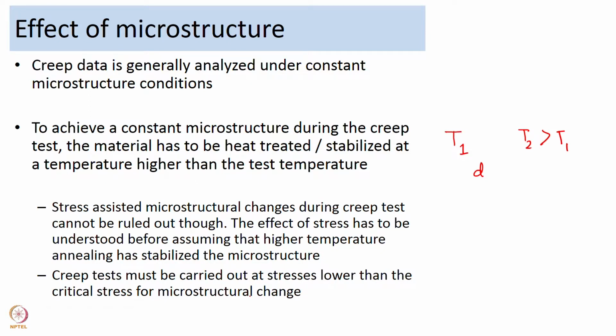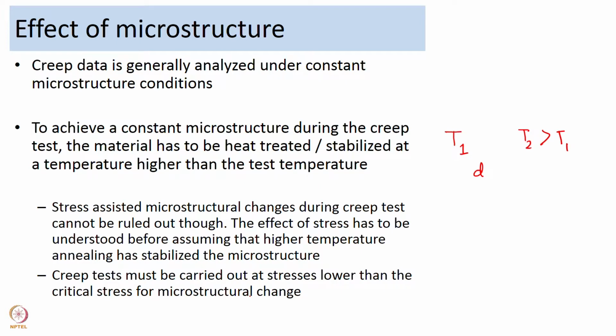For certain materials stress can lead to microstructural change, for example nanocrystalline materials. It is an evolving area of research and development. In nanocrystalline materials the grains tend to be unstable, and even though you have stabilized the grains at a higher temperature, in the presence of a stress, stress assisted grain growth could sometimes happen, and hence one needs to be careful while assuming that the grains or the microstructure is stable.